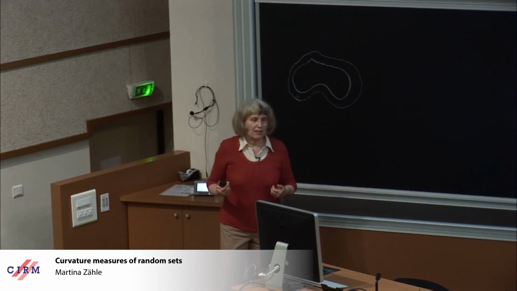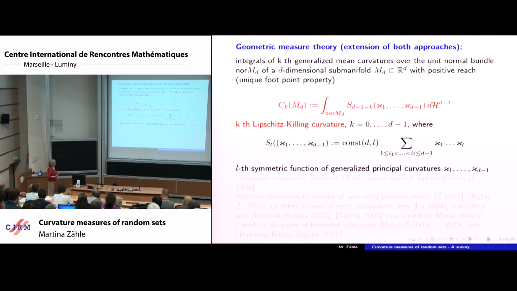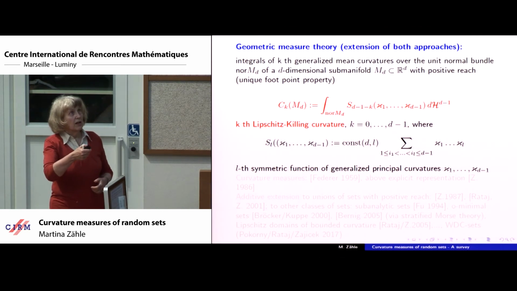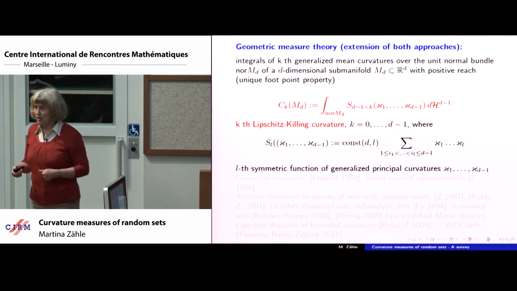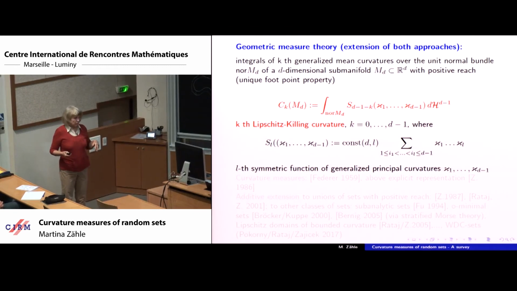Federer extended these notions to sets with positive reach, but his definition was implicit. He used the Steiner type formula in order to introduce the extensions. And in the middle of the 80s, I found an explicit representation, which is given here in the formula. This looks similar to the differential geometric context. You have to integrate, but this time not over the boundary of the manifold, but over the so-called unit normal bundle.